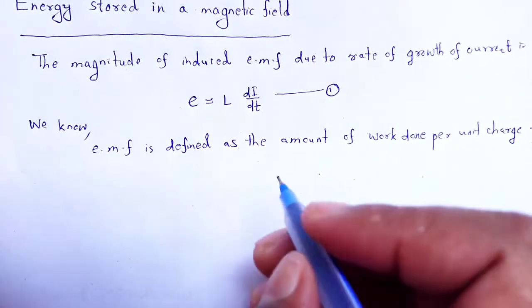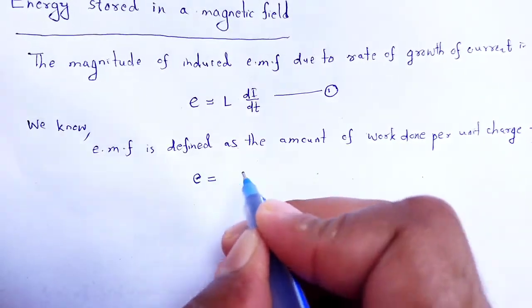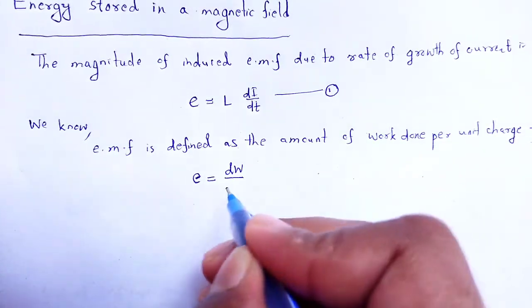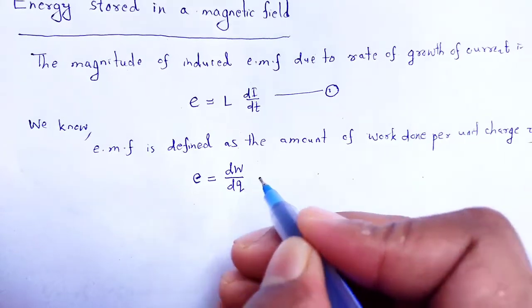That is E is equal to, let amount of work done be dW, taking unit charge, dq.